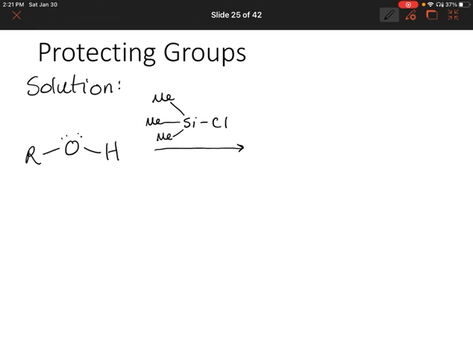And this is what we call a protecting group. And I think your textbook gives this a different name. They call this trimethylsilyl chloride, but you can also call it trimethylsilane, that's fine. And we can abbreviate that TMS.